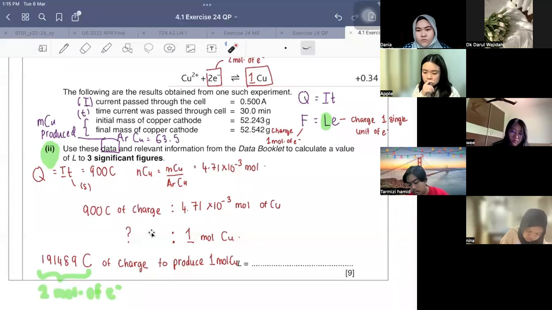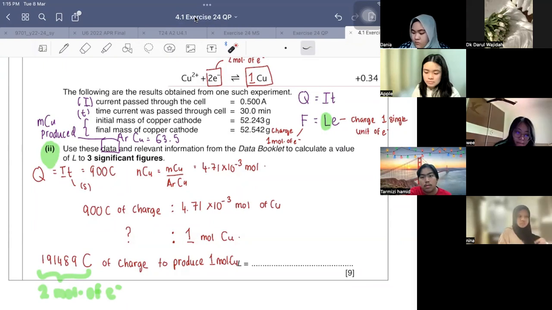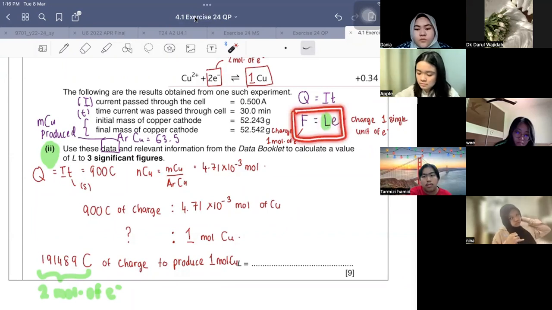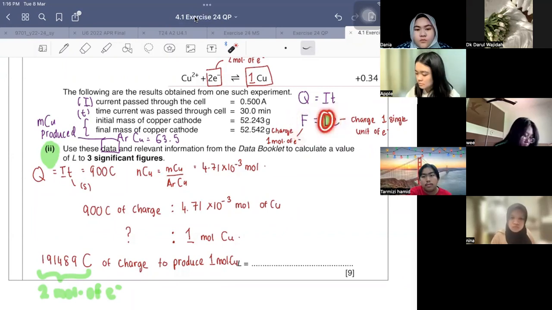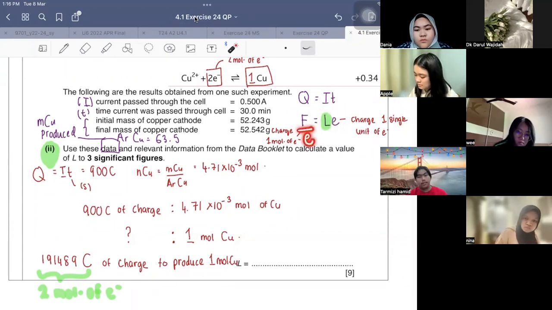We are now looking at question number 5 of exercise 24. If we go back to our expression, this question wants you to find L. If I rearrange the expression F equals LE, to find my Avogadro's constant, I need F over E. As I mentioned earlier, E is the charge of one single electron, which cannot be found using an experiment, but F we can find using the experiment.